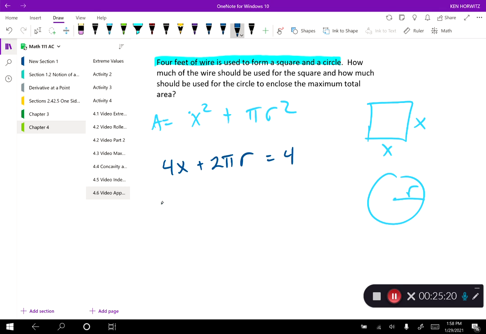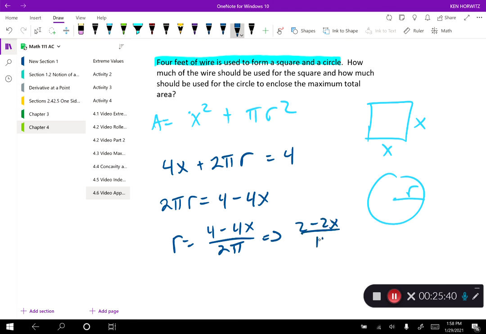I'm going to say 2 pi r equals 4 minus 4x. And then r equals (4 minus 4x) over 2 pi, which equals (2 minus 2x) over pi. All right, so now that I know what r is in terms of x, I can plug it back in up there.